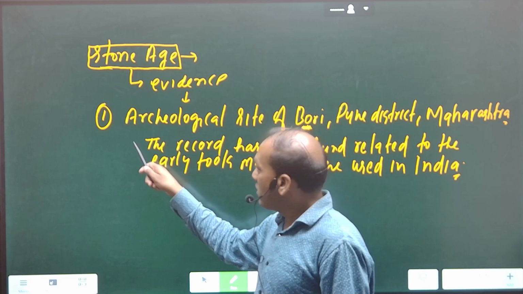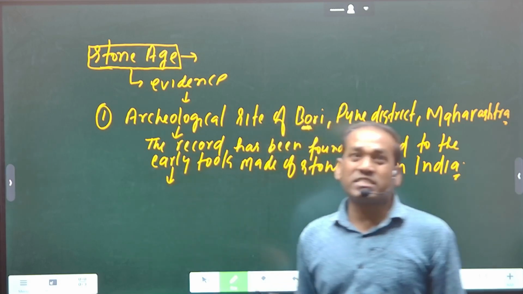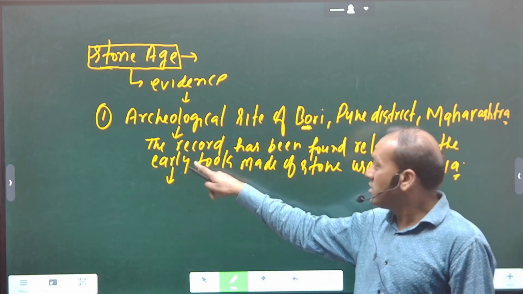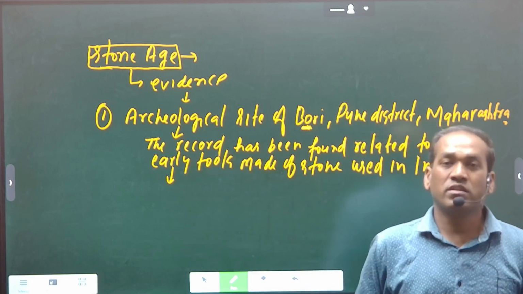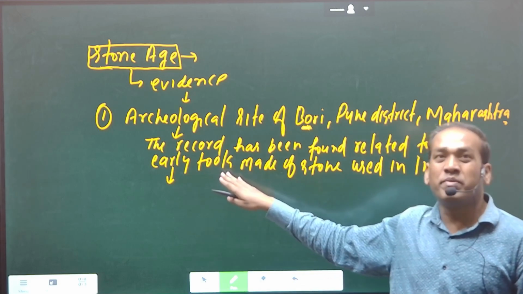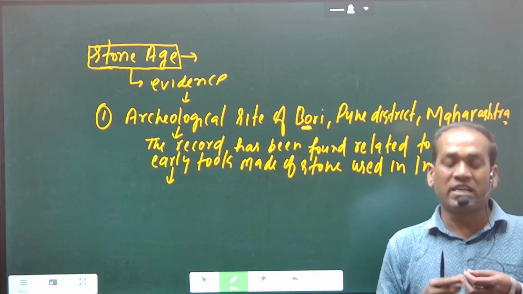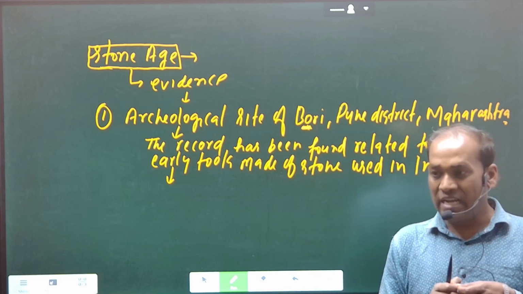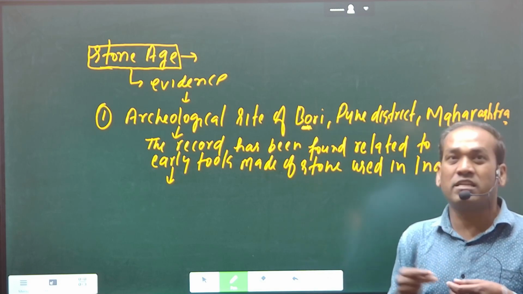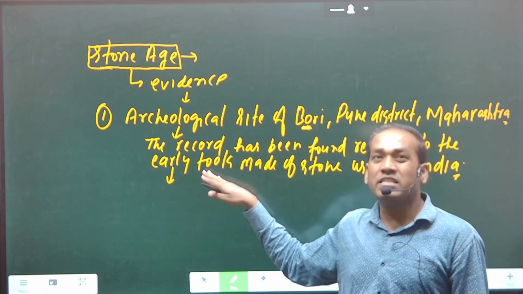Now next is for what purpose these tools were used by primitive man. As you know, at that time agriculture was not developed, means agriculture did not come into existence.